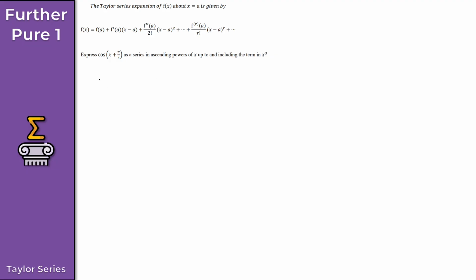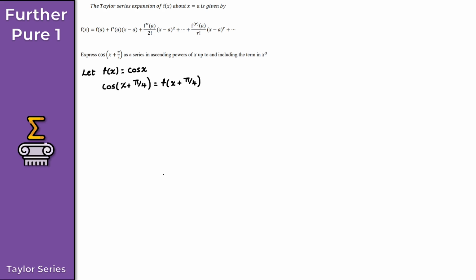So to begin with here, what I'm going to do is let f of x be equal to cos x, okay? So in that case then, if we want to express cos of x plus pi over 4 as a series, then cos of x plus pi over 4 is equal to f of x plus pi over 4.